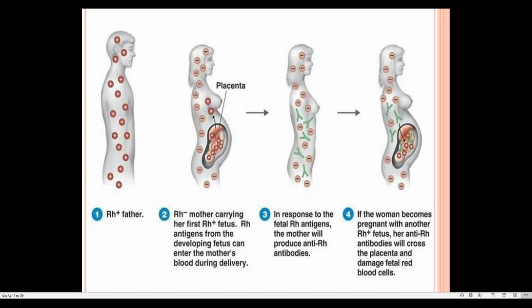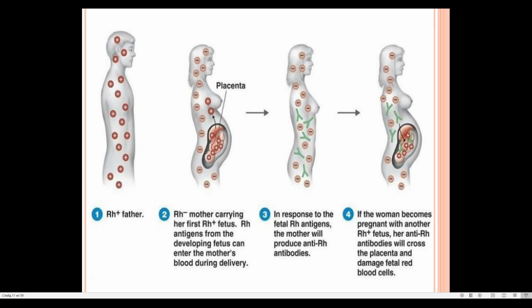Here on a picture you can see pathogenesis of immune incompatibility development. If a rhesus positive father gets a pregnancy from a rhesus negative mother carrying her first rhesus positive fetus, rhesus antigens from the developing fetus can enter the mother's blood during delivery or during pregnancy. In response to the fetal rhesus antigens, the mother will produce anti-rhesus antibodies.